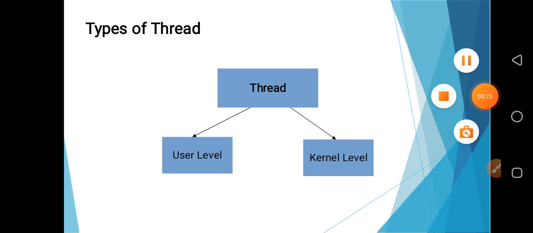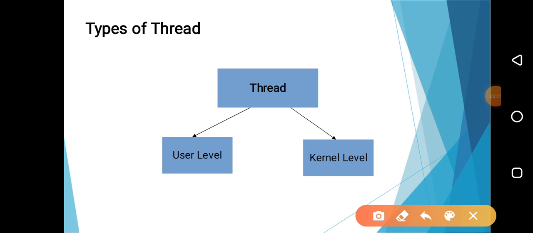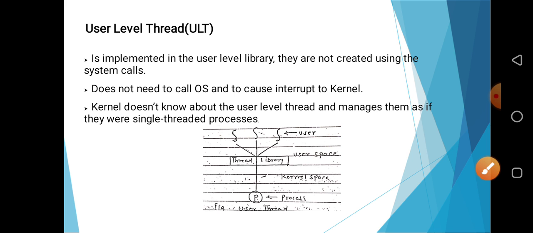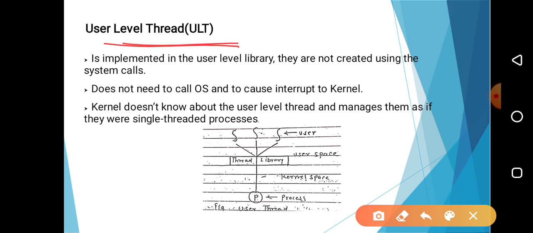Let's see the types of thread. There are two types of thread. First one is a user level thread and second one is a kernel level thread. User level thread is also called ULT. As the name suggests, ULT, user level thread.